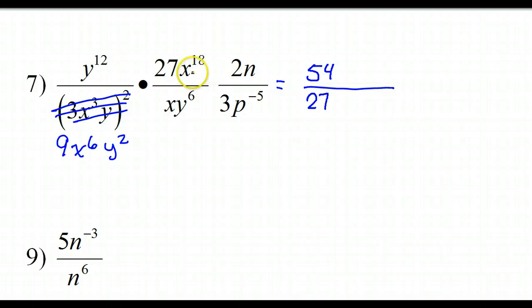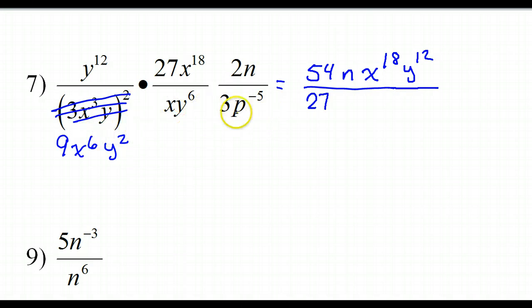In the top, I've got x to the 18th power. And we've got this n also. Okay, so you know what? Let me go alphabetical. So there's n. I have x to the 18th power, and I have y to the 12th power. Okay, I'm just putting everything into one fraction.